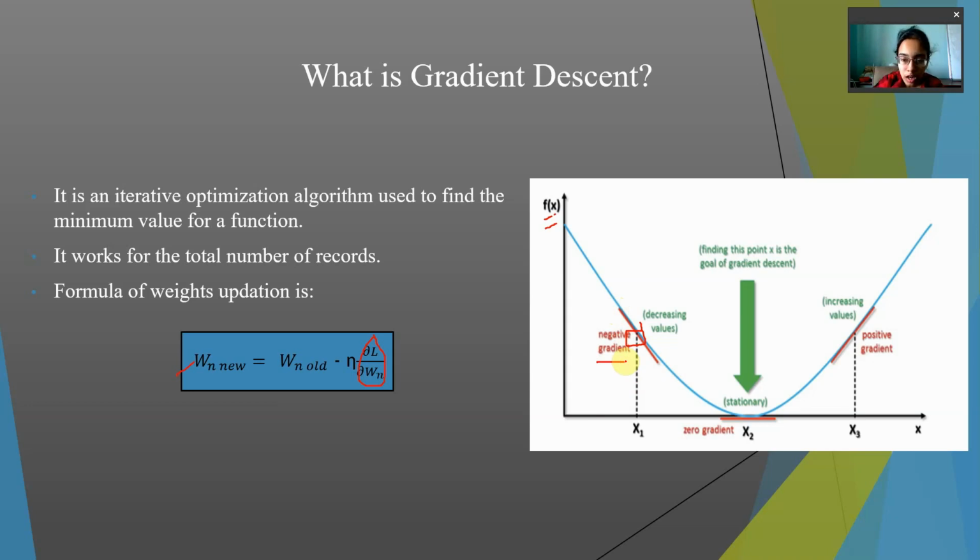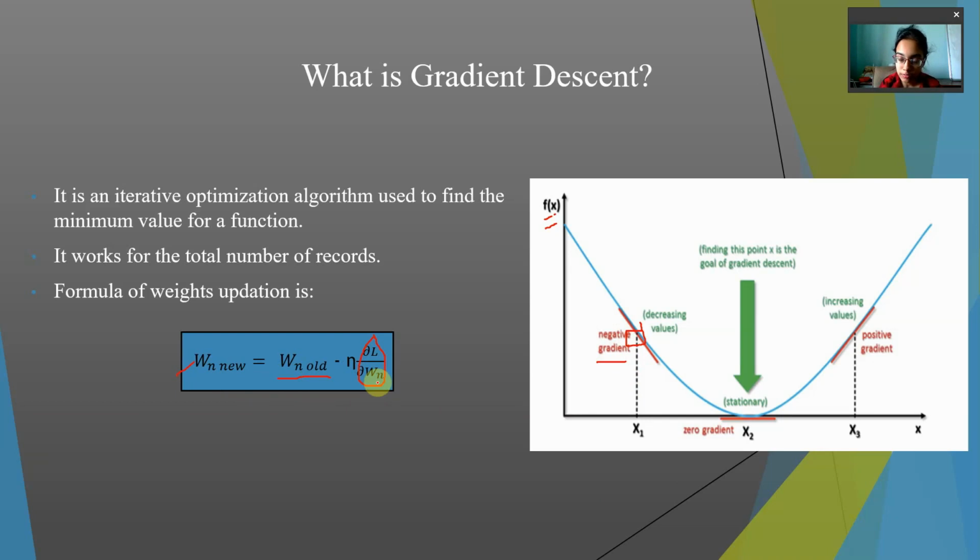Now since it is the negative gradient, what will the derivative be? The derivative will be negative, right? Because the gradient is negative, our derivative will be negative. So from this equation we can say that Wn new is equal to Wn old, that is the old weight that we initialized in the beginning, minus the learning rate into some negative term, because the derivative is negative since the gradient is negative.